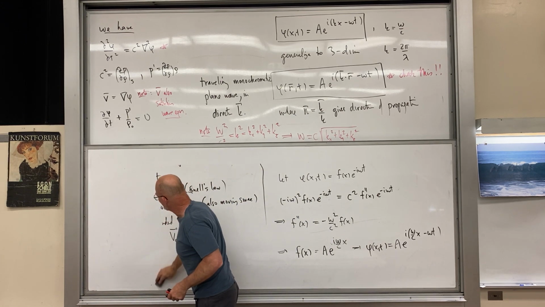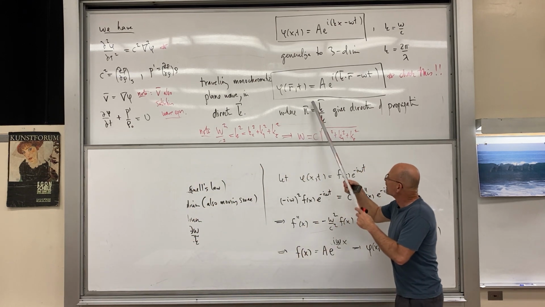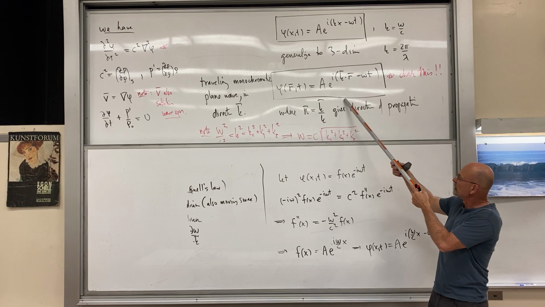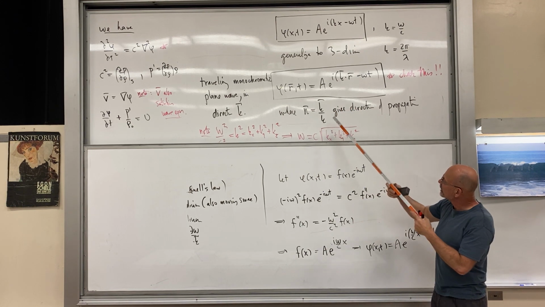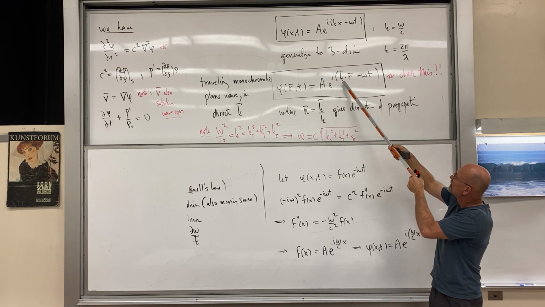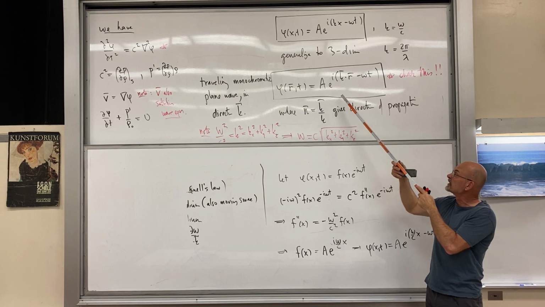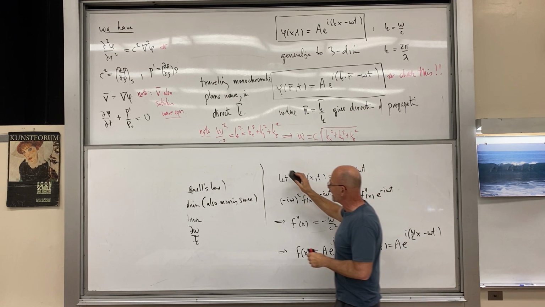I think that's the best way to talk about it. So what we want to do is visualize and get a feel for what's going on here. We'll just do a one-dimensional drawing, similar to what I had before. And then we're going to look at the situation: what happens if A is not a constant? What happens if k is not a constant? That would be a more general solution to the wave equation.